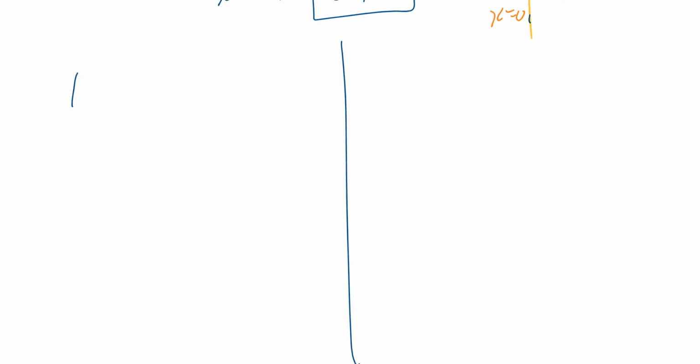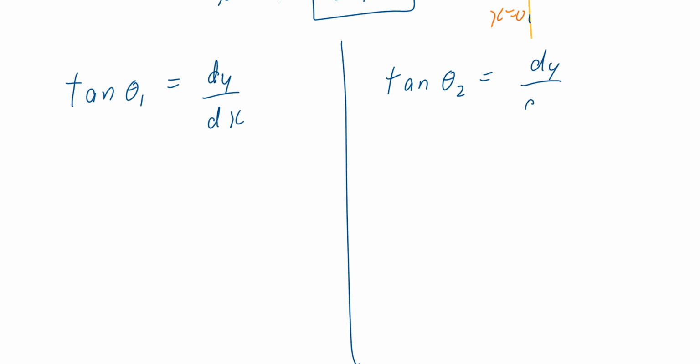In the first column, make the connection that tan of angle theta 1 equals dy by dx. Likewise, if you think about angle theta 2 or tan theta 2, that's also related to dy by dx.